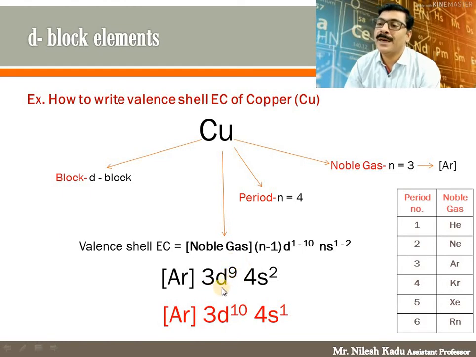So the 3d orbital contains 9 electrons, and then ns 1 to 2.